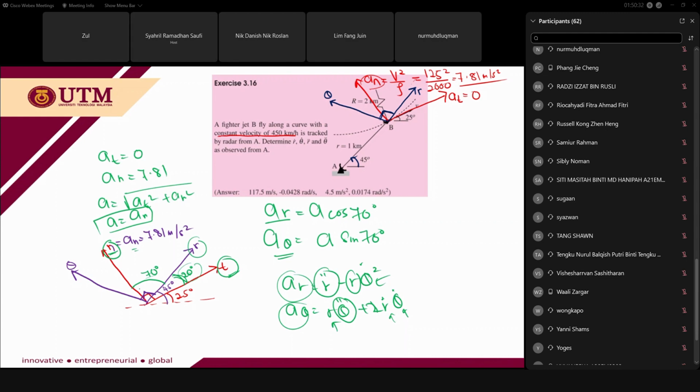So the remaining angle is 90 minus 20, which gives 70. So this A, which is equal to AN, times cos 70 gives you AR, the acceleration along the R axis. And AN sin 70 gives you the acceleration along the theta axis. It is positive because it follows the positive direction. You get what I mean? Yes.